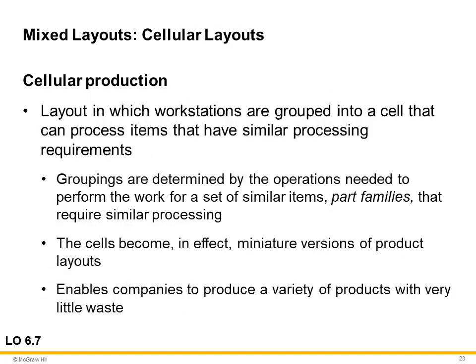Cellular production is a layout in which workstations are grouped into a cell that can process items that have similar processing requirements. I posted a movie in Canvas to show you what cellular production looks like. We also have another term, group technology.